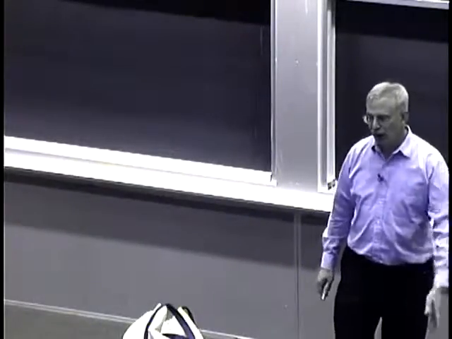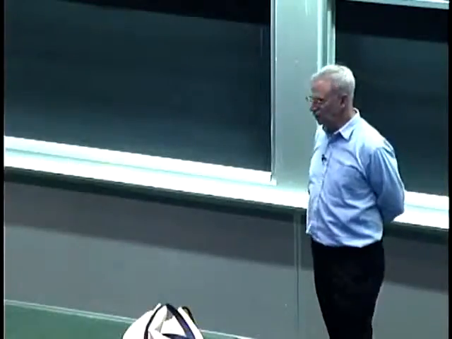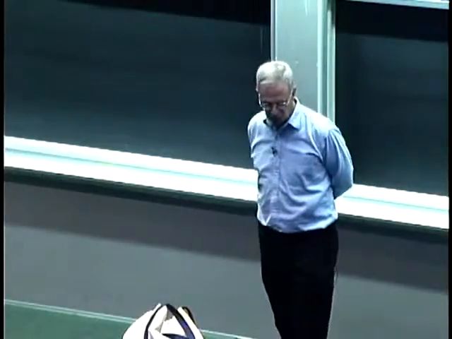We talked about algorithms. We talked about big O notation, orders of growth. That's very important. We talked a little bit about amortized analysis, that you might want to, say, sort something first if you were going to do a lot of searching. We looked at a bunch of kinds of algorithms. I've listed them here. I'm, by the way, going to send you a list with all of this stuff on it, among other things, so don't feel you need to transcribe it.